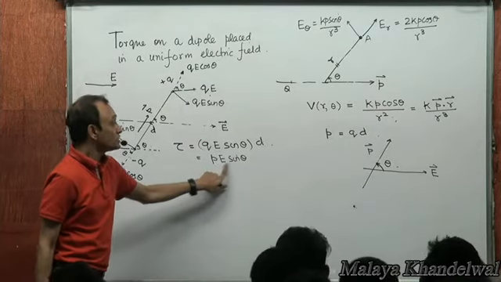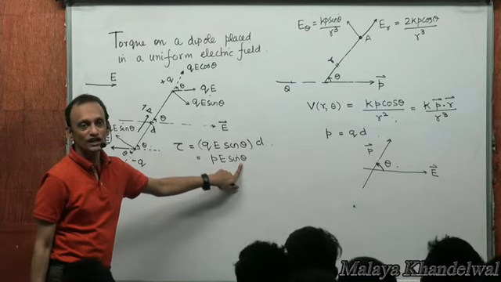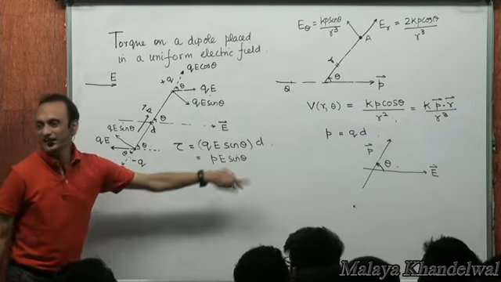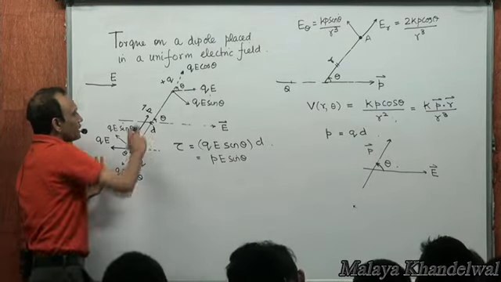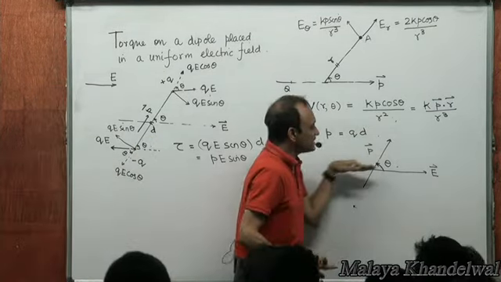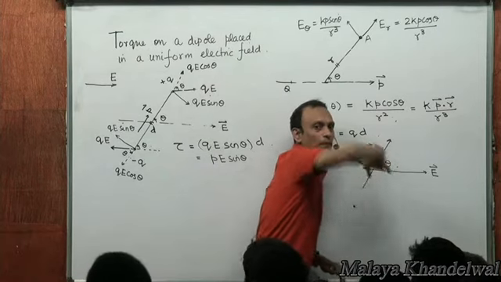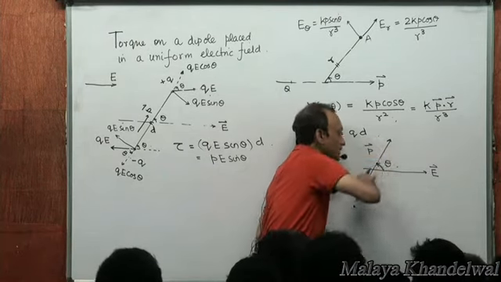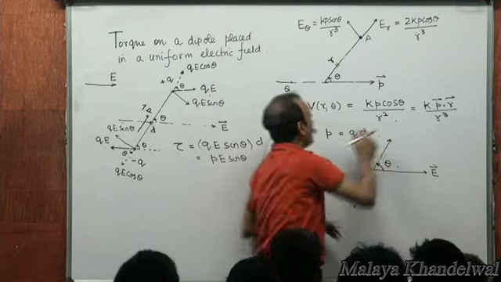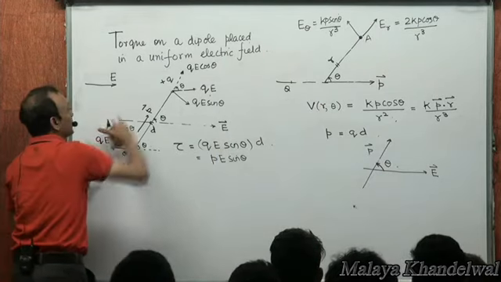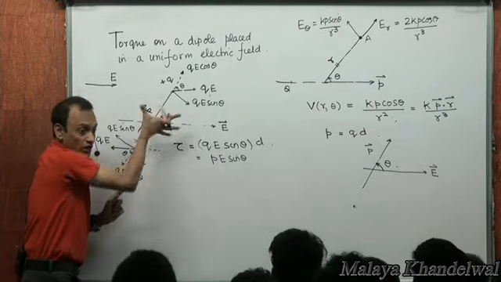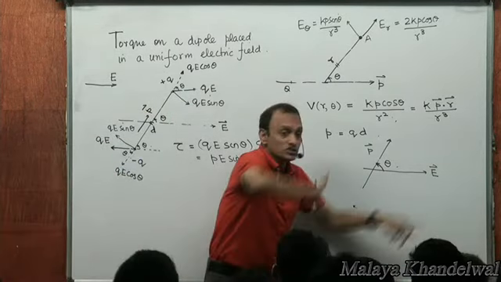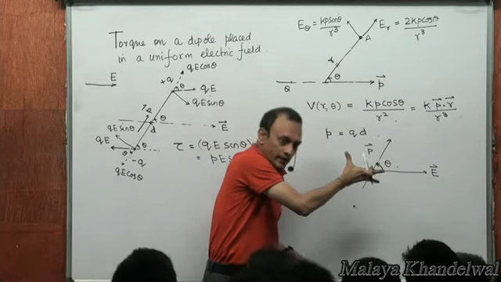Do you realize this is p cross E? pE sin theta is like a p cross E. And see, p is like this, E is like this. p cross E is into the plane of the board, clockwise torque. Do you see that? And this qE sin theta also produces a clockwise torque. And p cross E is also clockwise. Right?